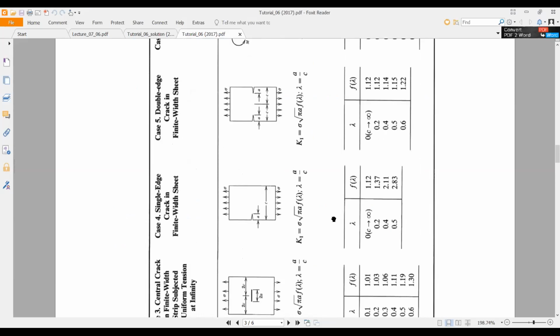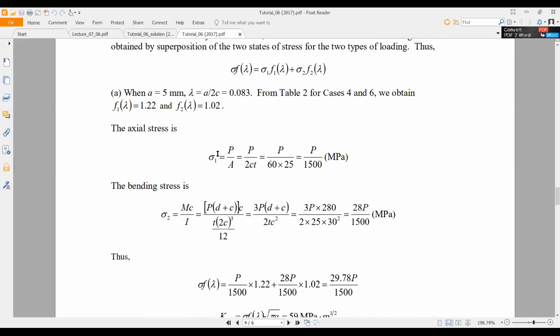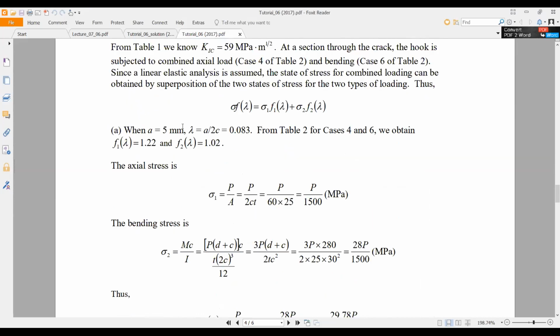In here, yes, I think it should be 2C. It should be C. Okay, so then just take it. Then from table 2, case 4 and 6, we obtain these values. Due to tensile load and due to bending load, the Y value, that F function's value, you can get from the equations given.